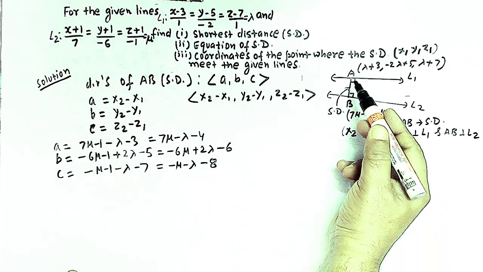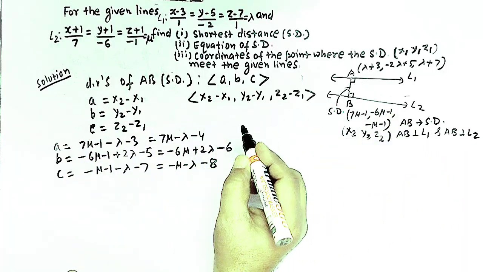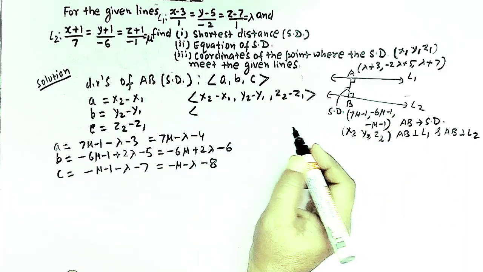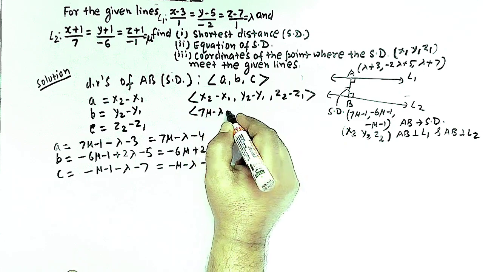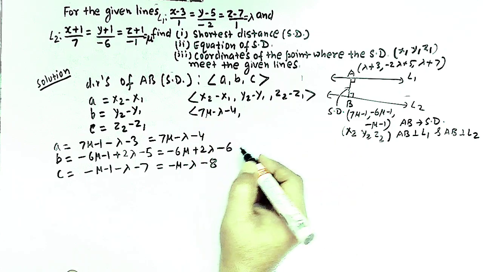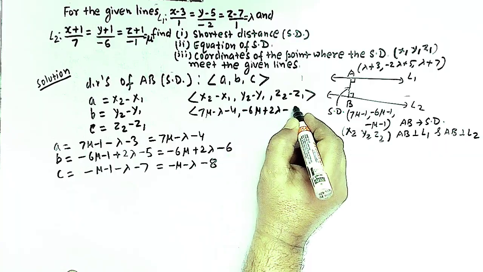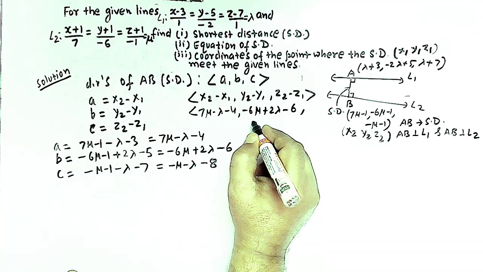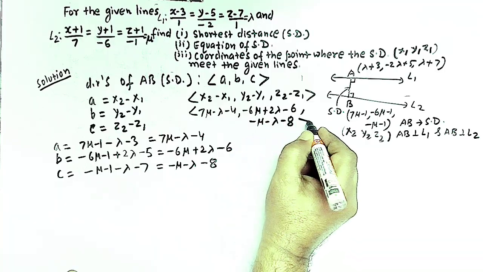So the direction ratios of AB, the line of shortest distance, are given by 7 mu minus lambda minus 4, and then we have minus 6 mu plus 2 lambda minus 6, and here we have minus mu minus lambda minus 8.